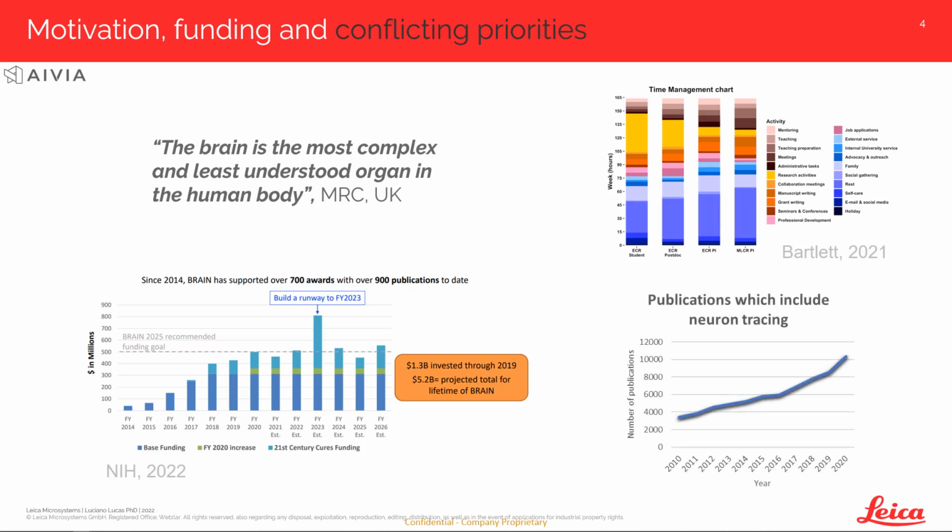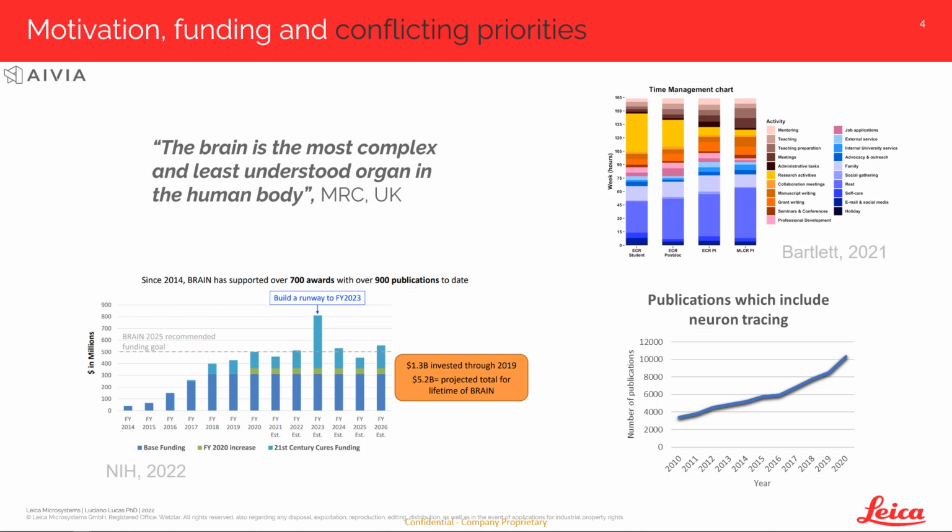And we want to contribute to this efficiency gain by giving back some hours to the research community so that you can use those for critical thinking or for additional experiments or for whatever you decide is a good use of your time.